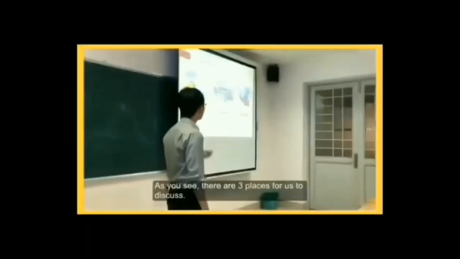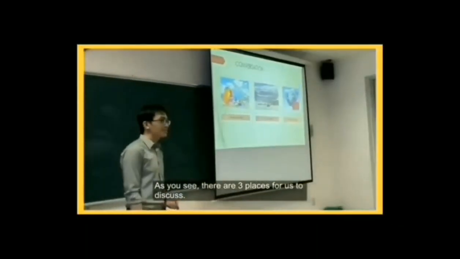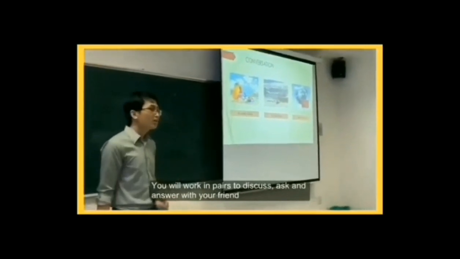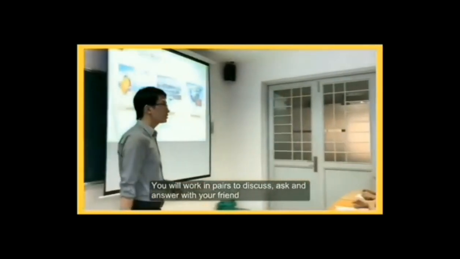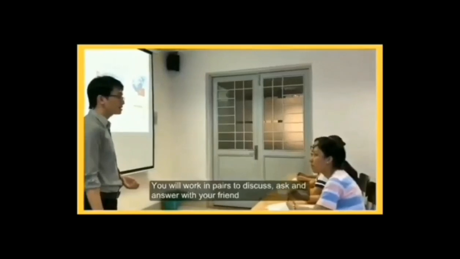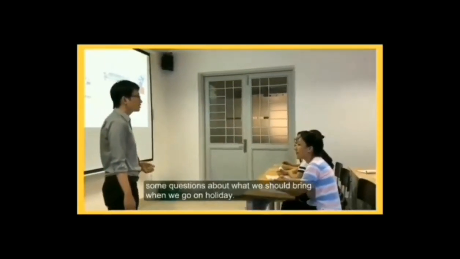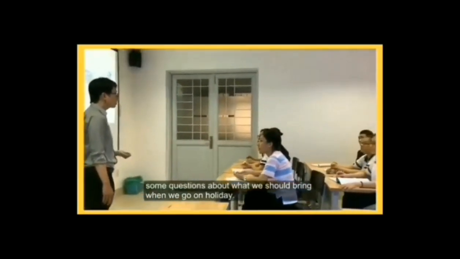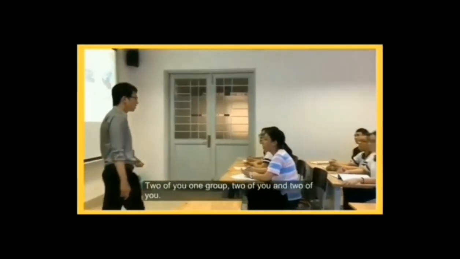So as you see, there are 3 places for our visitors, and you will work in pairs to discuss, ask and answer with your friends some questions about what you should bring when you go on holiday. Alright?